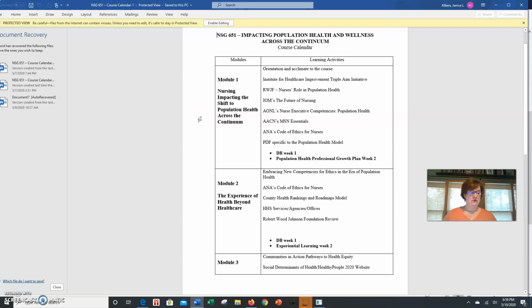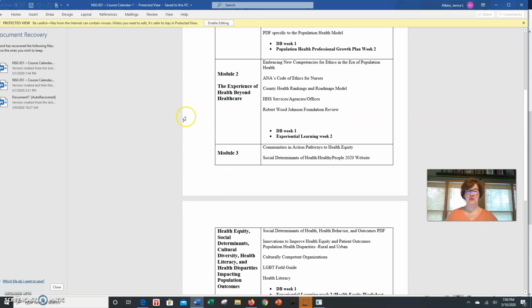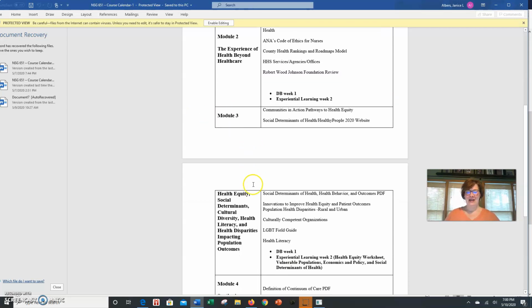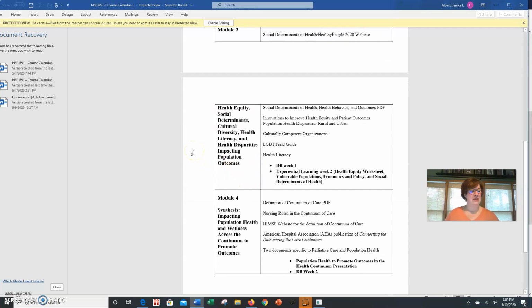In our first module, we're going to examine how nursing impacts the shift, the changes into population health. We're going to go into the experience of health beyond what we perceive as healthcare, as well as look at those aspects that really influence our health, and how what we experience in our life influences our choices and how we experience health in our life.